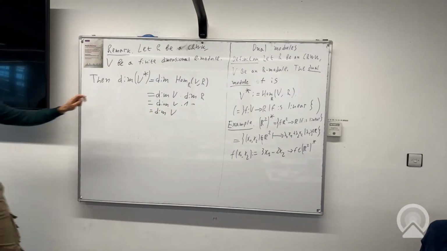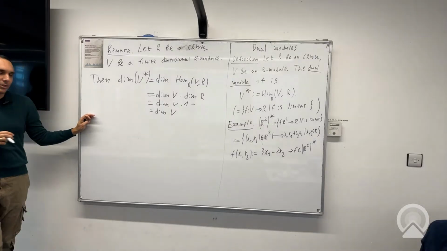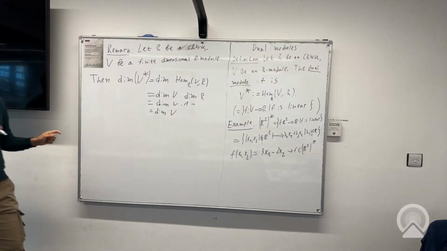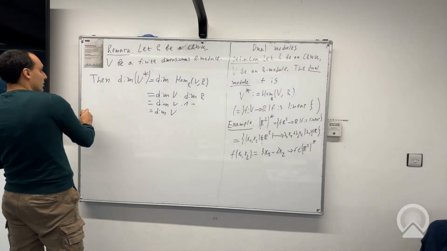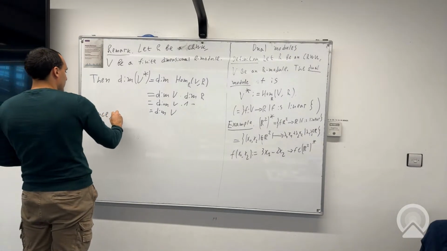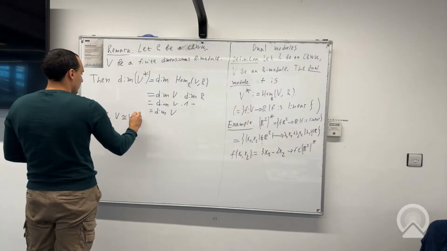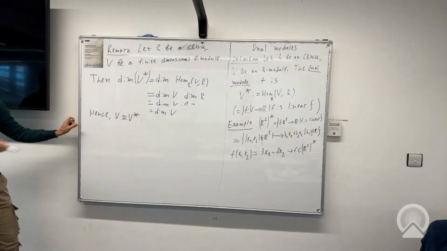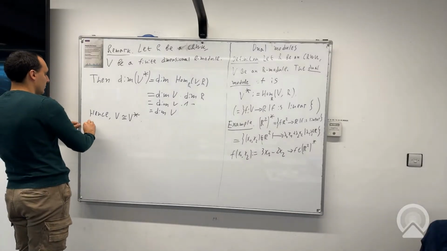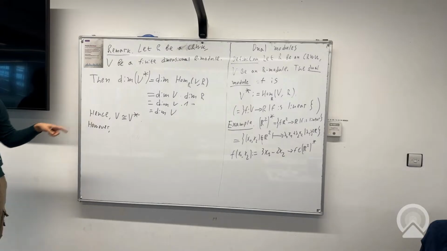So in some way they are equivalent, but not exactly. They are not canonically isomorphic. So hence V is isomorphic to V star. However, the isomorphism depends on a basis.